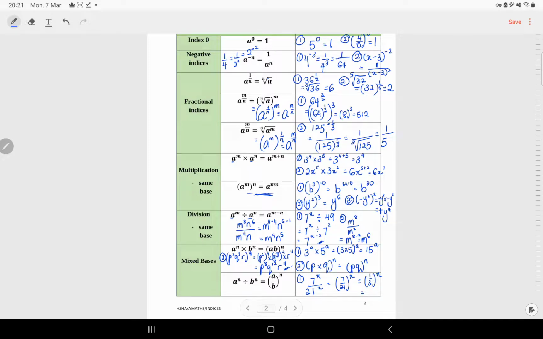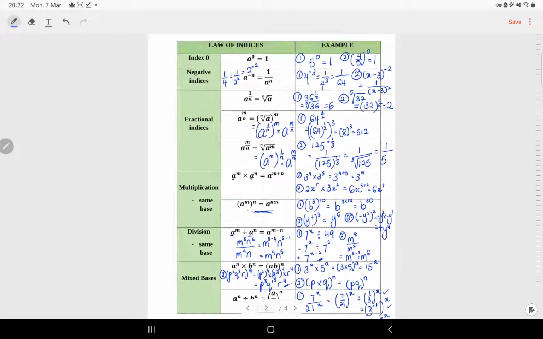So 1 over 3 here, I can represent this as 3 to the power minus 1, the whole thing to the power x. So it becomes 3 to the power negative x. This is acceptable, this is also acceptable. So there are different forms.